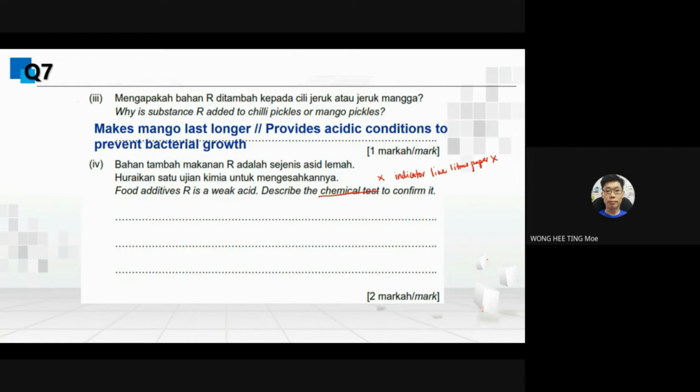Okay, so besides the metal, what else can you use? Another one. Calcium carbonate, the metal carbonate, yes. Then you get the same observation, effervescence occurs or colorless gas bubbles are released. Okay, good. So add in magnesium powder into the R.